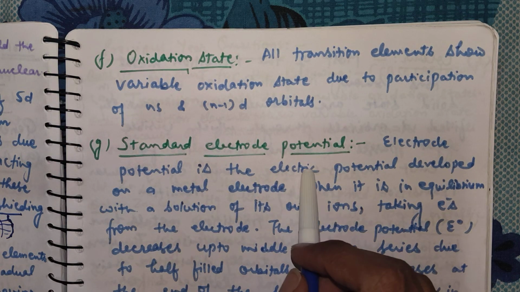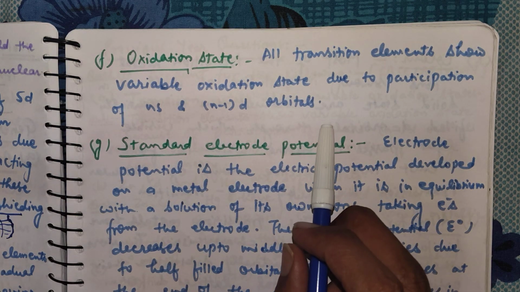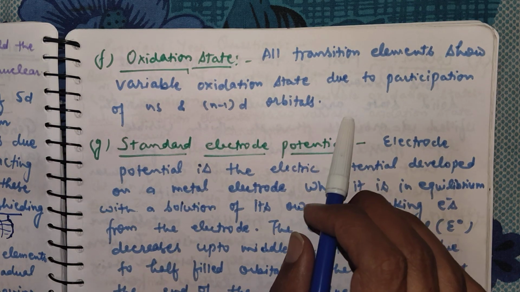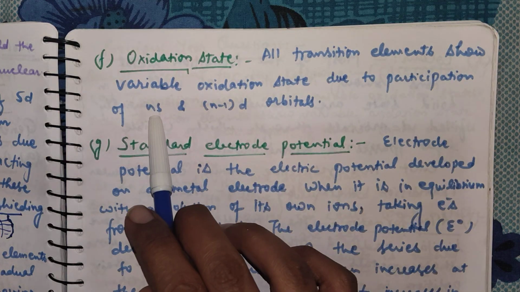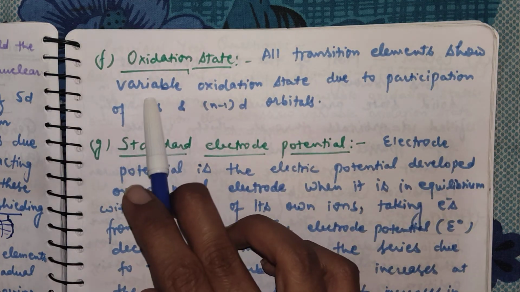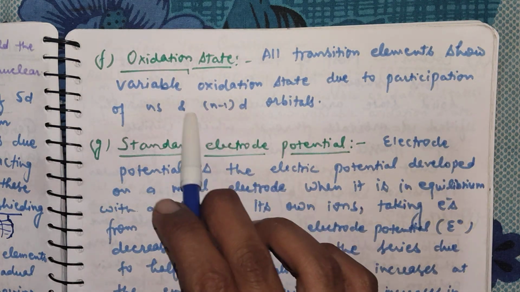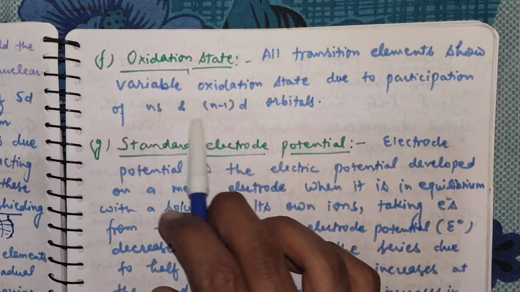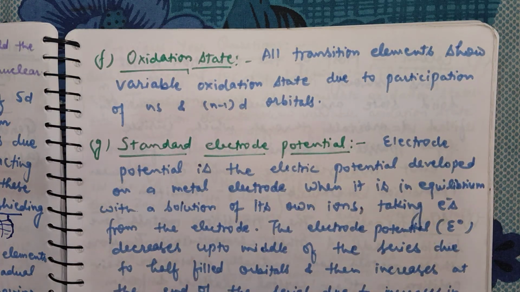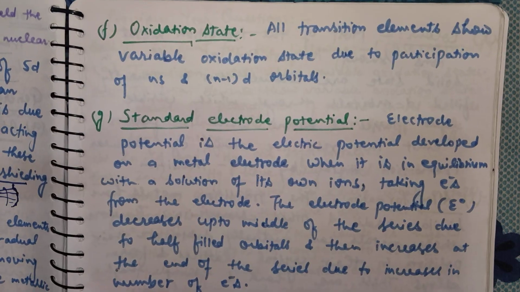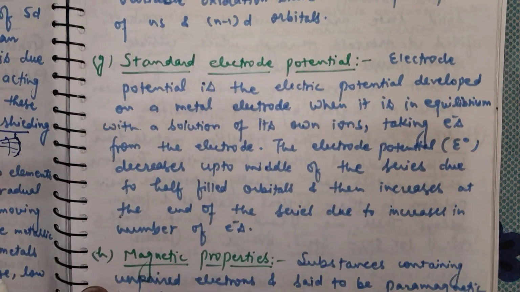This is the maximum oxidation state shown by transition elements. In this series, the participation of the ns orbital electrons and (n minus 1)d orbital electrons occurs very actively. So this is the reason for the variable oxidation state shown by transition elements.